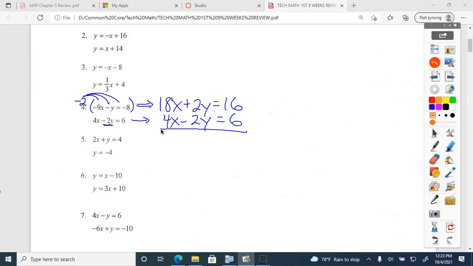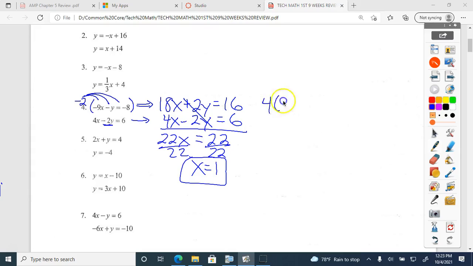We add them up. 22x. 2y minus 2y makes 0, and 16 plus 6 is 22. Divide by 22. X is 1. And then what do we do to get y? Plug it in. Does it matter which one I plug it into? It does not.